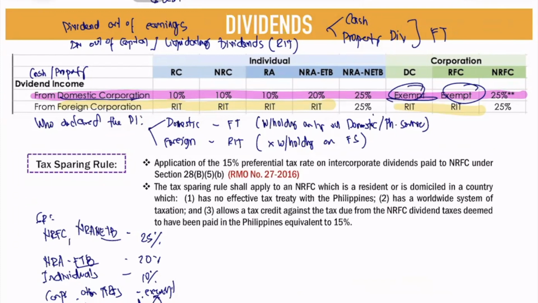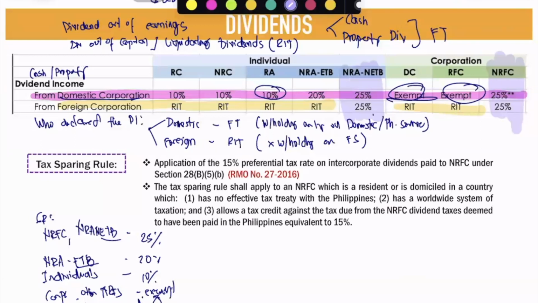From a domestic corporation to a resident alien, 10%, NRC 10%, RC 10%, NRA and ETB 20, NRA and ETB 25. Notice again this rule that global taxation of NRA and ETB and NRFC, regardless whether it comes from a domestic or foreign corporation, is still subject to 25%.